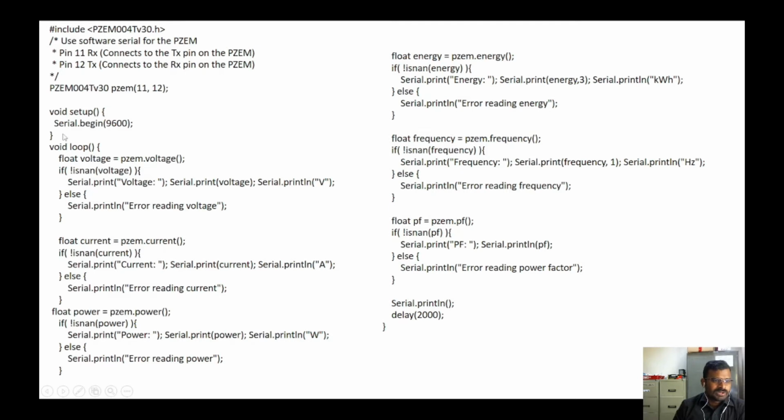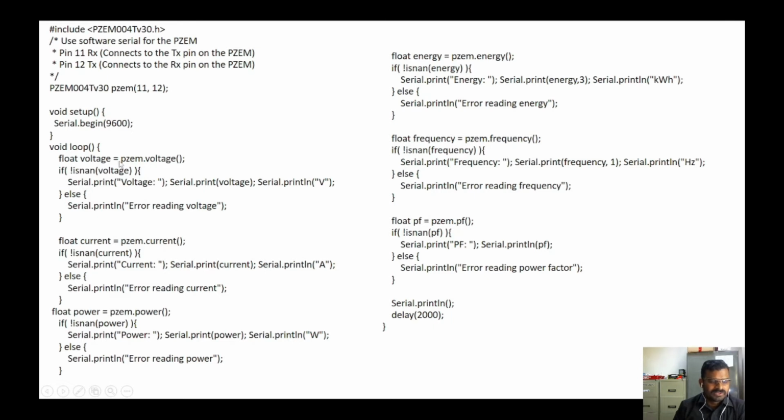I'm going to start the setup with a simple Serial.begin, since I want to print all the values here. Then for the loop, since I already installed the header file, there are internal functions. We can call the functions and store the values in variables.